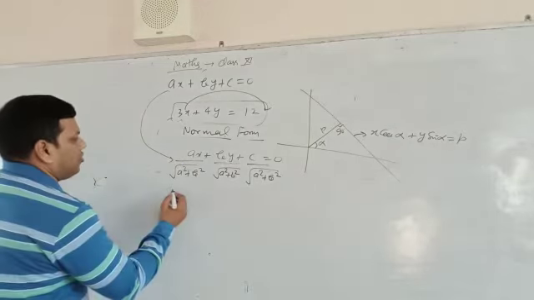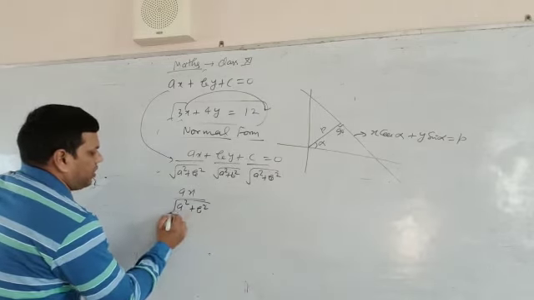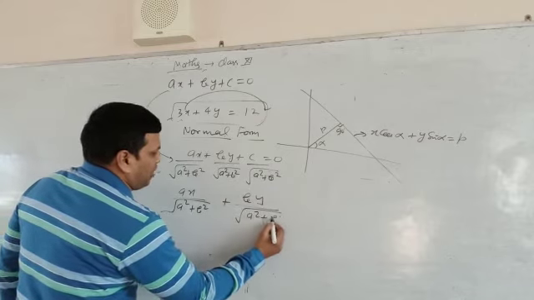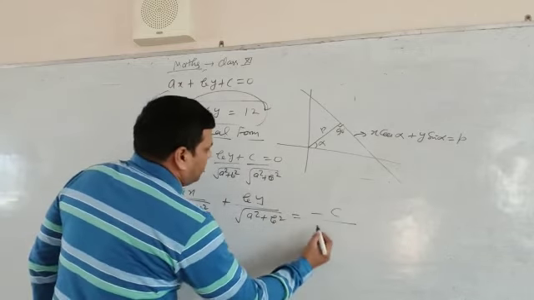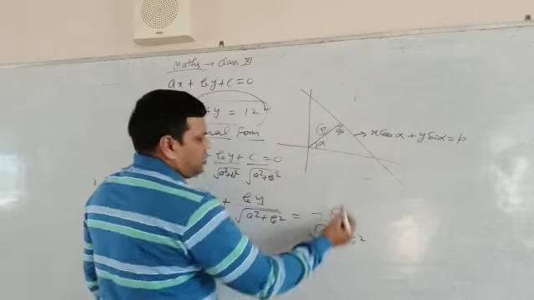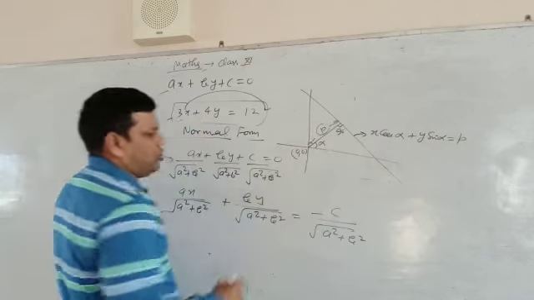So again, what is that? ax upon root a square plus b square plus by upon root a square plus b square is equal to minus c upon root a square plus b square. What does this represent? The p, the perpendicular length from 0, 0.